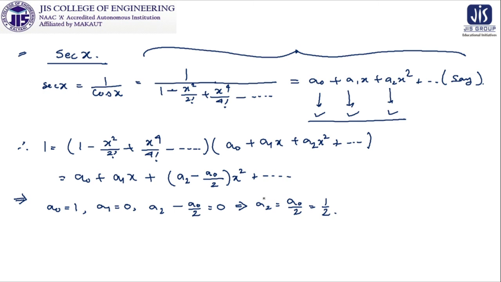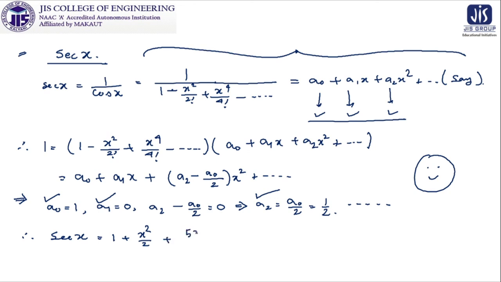So look at this, a0, a1 and a2 are achieved, and in this manner we compare further and get the values of a3 and so on. Please do some more calculations for this particular problem. Finally we can write sec x is equal to 1 plus x square by 2 plus 5x to the power 4 by 24 plus dot dot dot and so on.